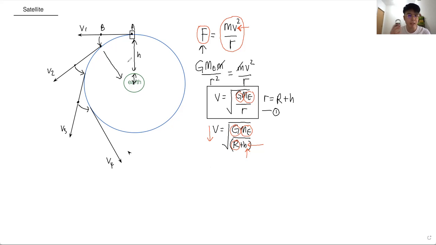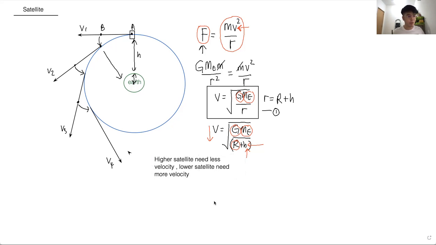Okay, conceptually, mathematically, we can say that whenever satellite is at high altitude, it needs less velocity. So I write here, higher satellite need less velocity, and conversely, lower satellite need more velocity.